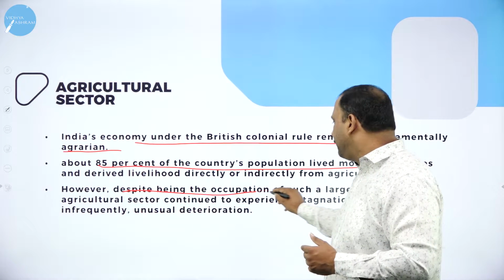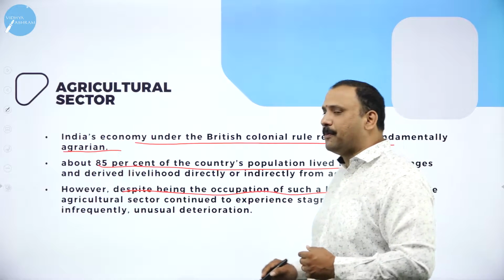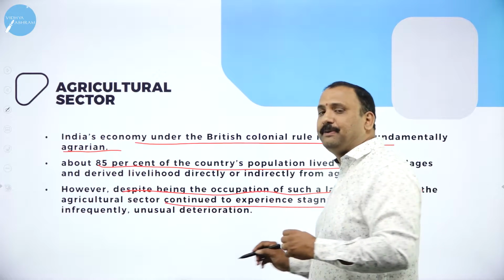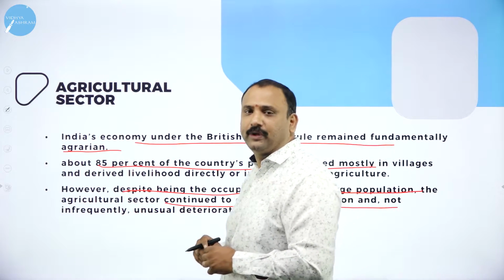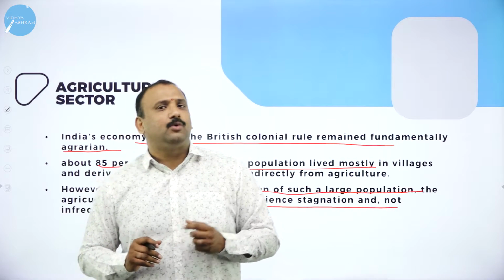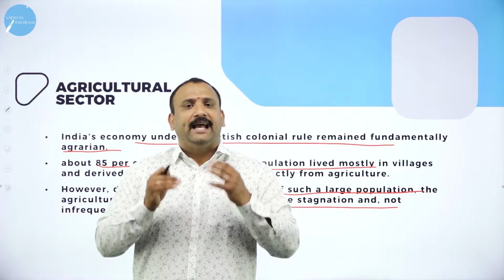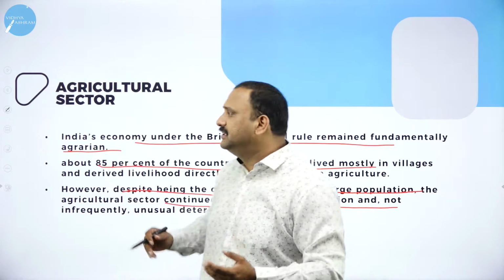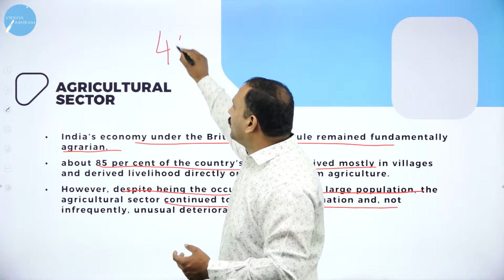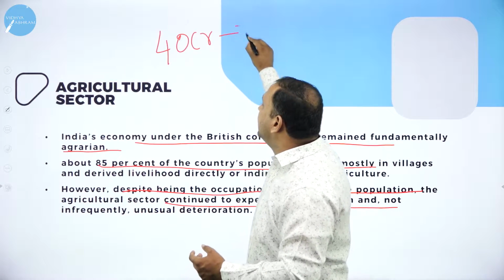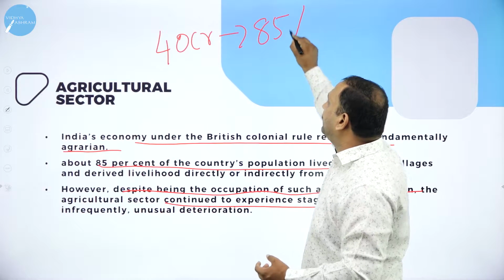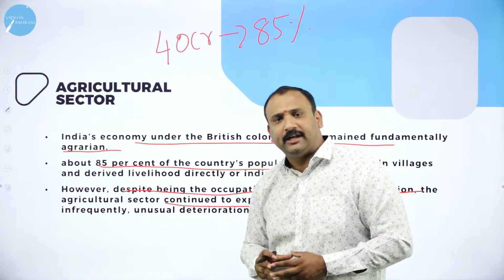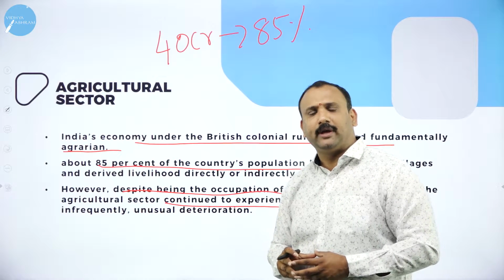However, despite being the occupation of such a large population, the agriculture sector continued to experience stagnation altogether. The agriculture sector was not improving just because 85% of the population was involved. Now let's try to understand, out of the 40 crore population, if I say 85% of the people were involved in it, that's more than 32 crore people involved in agriculture altogether.